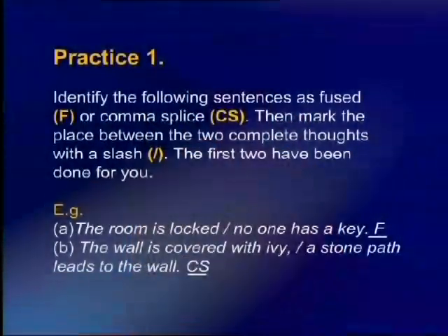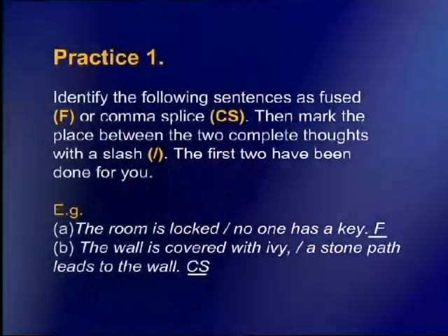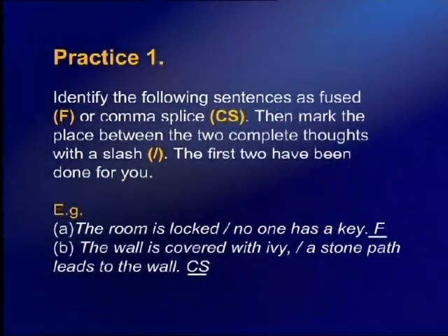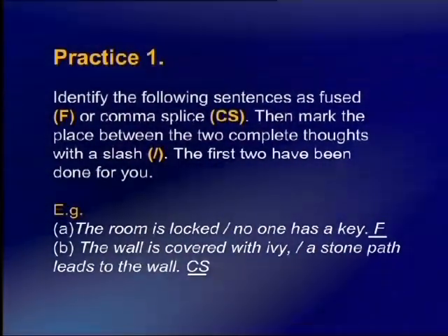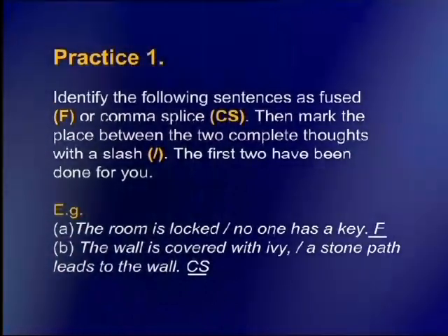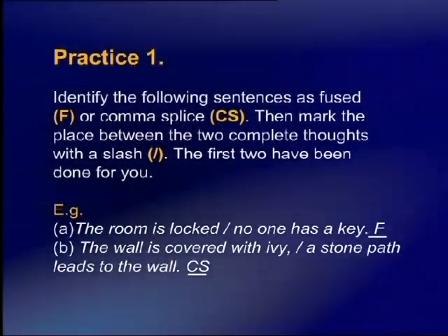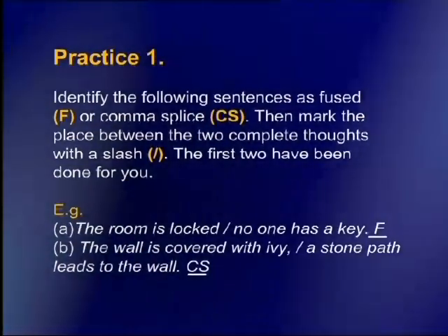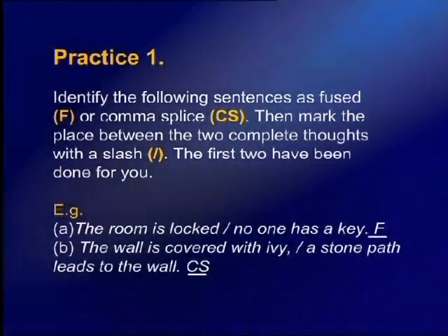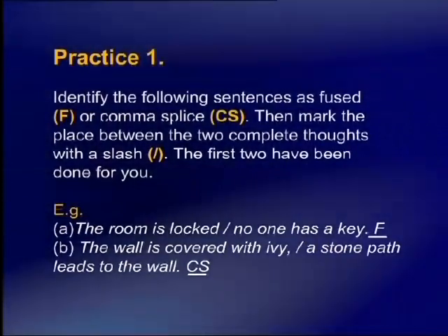The first two sentences have been done for you. Example, the room is locked, no one has a key. Notice that there are two complete thoughts. The first is, the room is locked. The second thought is, no one has a key. And you know where to put the mark.